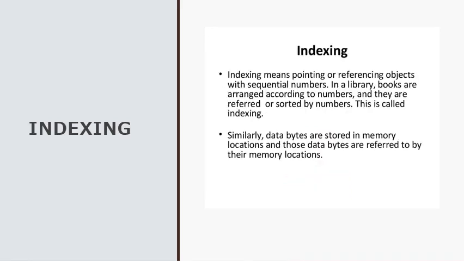Next we will see indexing. Indexing means pointing or referring to objects with sequential numbers. In a library, books are arranged according to numbers and then they are referred to or sorted by numbers. This is called indexing. Similarly, data bytes are stored in memory locations and those data bytes are referred to by their memory location.